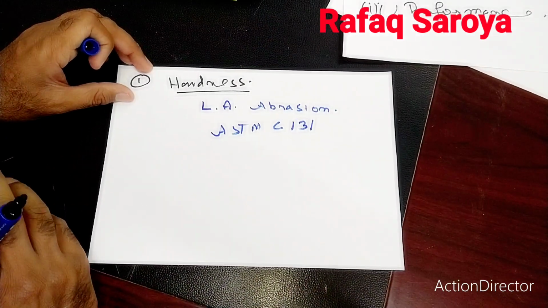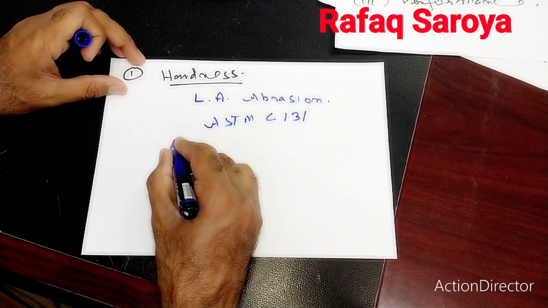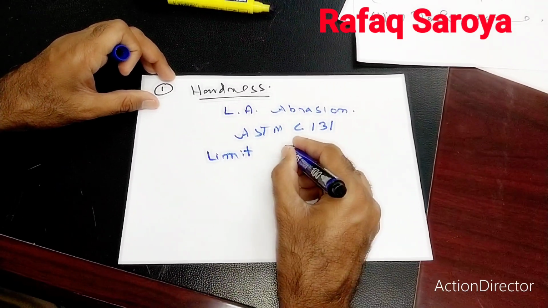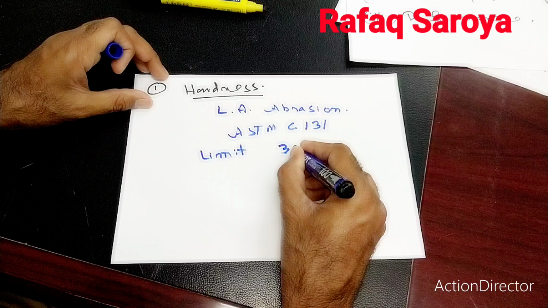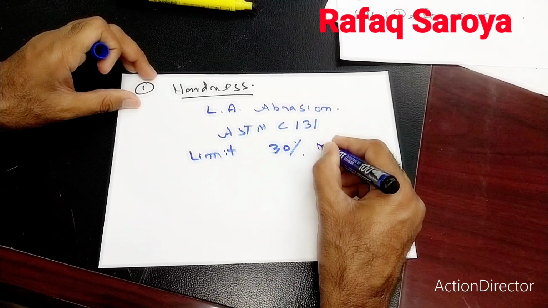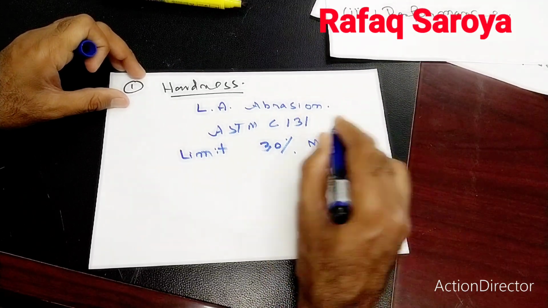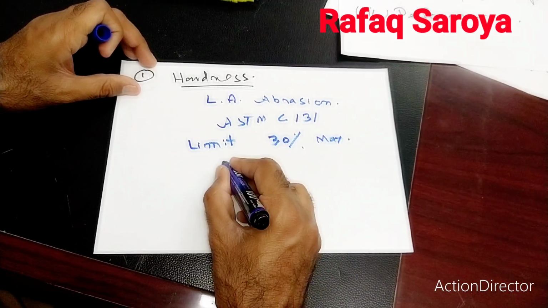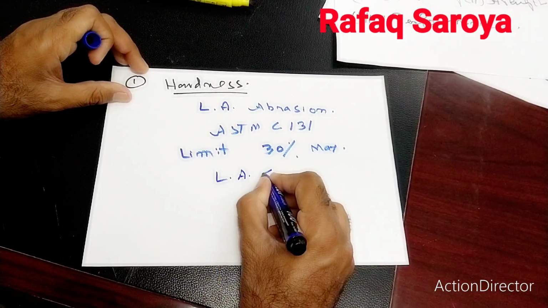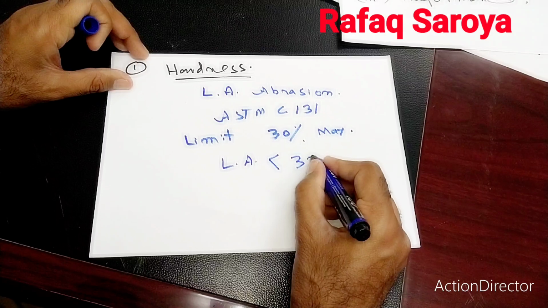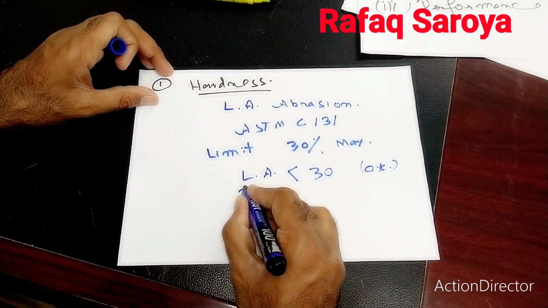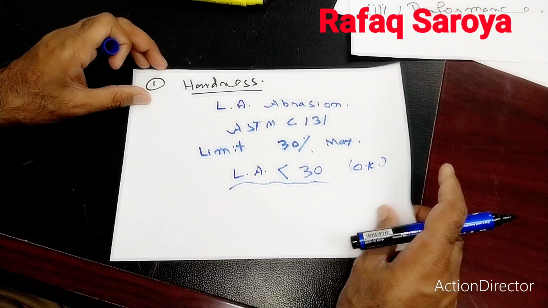And what is the maximum acceptable limit? If its value exceeds 30%, then this aggregate would be rejected. So if the Los Angeles abrasion value comes lower than 30%, it means our aggregates are okay. This limit is known as the acceptance criteria.